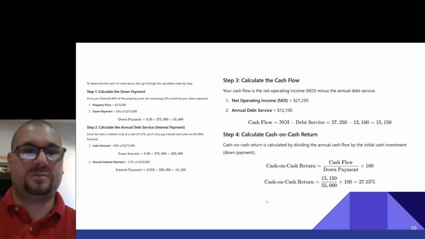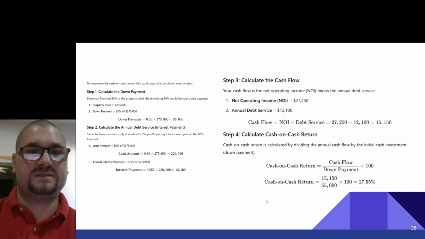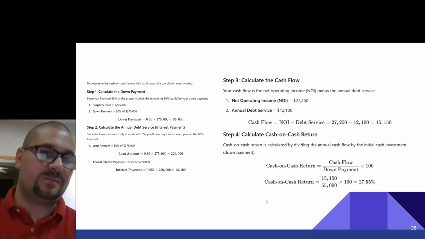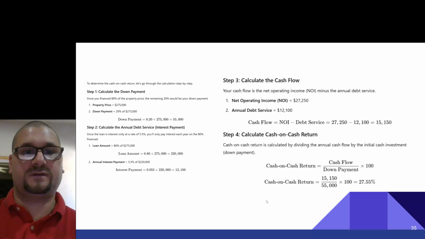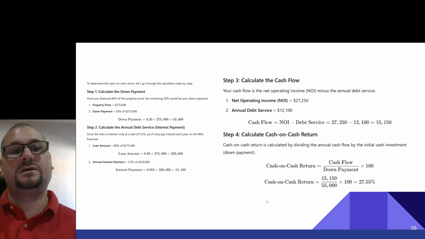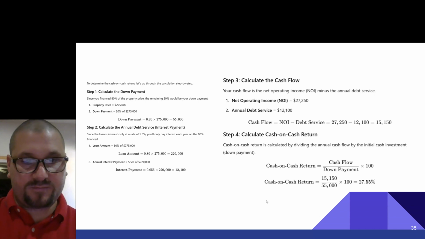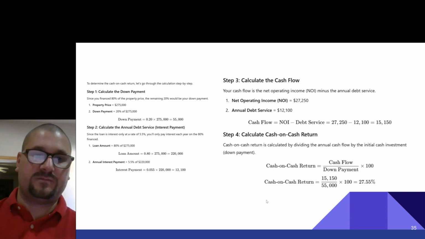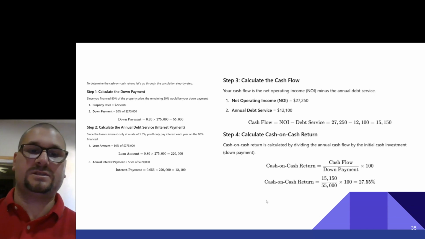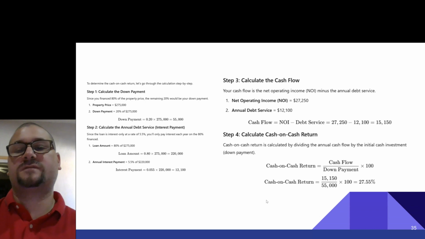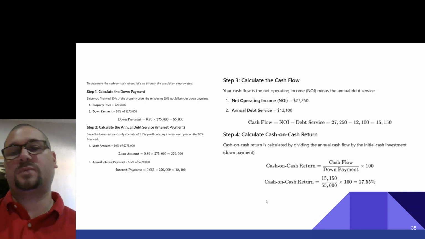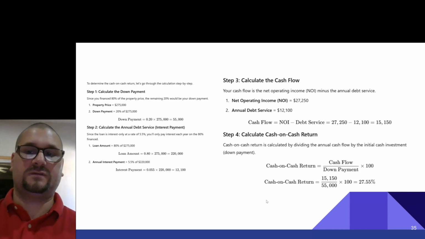So 20% of 275, that's $55,000. Your loan amount is 80% times 275,000, that's 220. Your annual interest payment is 5.5% times 220, which gives you 12 grand. Your cash flow is your net operating income minus the debt service, and then cash on cash is the cash flow divided by down payment.